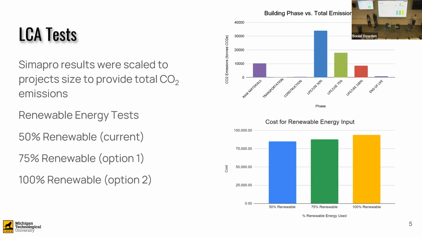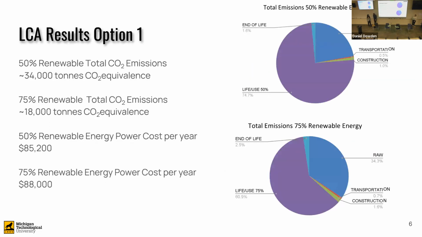And so the way that we chose to mitigate these emissions was increasing the amount of renewable energy, like we said. And this was also compared for the costs in the lower right, which we will dive into later. But an additional assumption we made was that all renewable energy would be coming from downstate and not produced on Michigan Tech's campus.